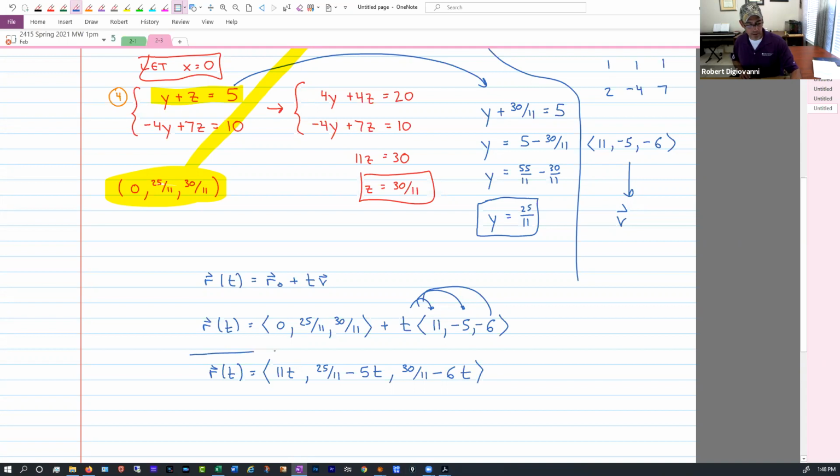That's the way that I like to look at vector equations of lines. I don't like it written as 2 vectors. I like it to be put together into at least 1 vector. Any questions on what I did there? All right, we're done.